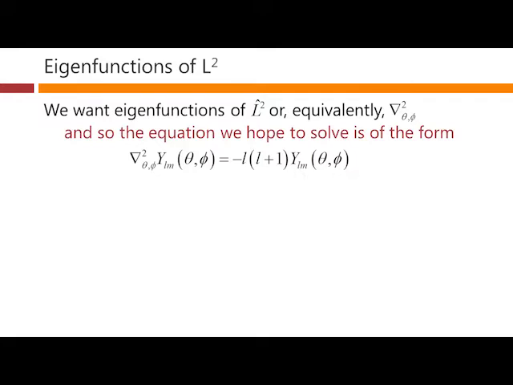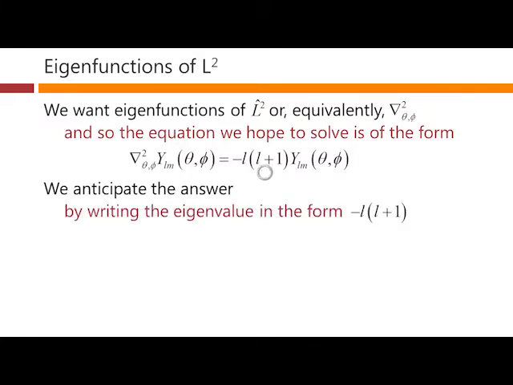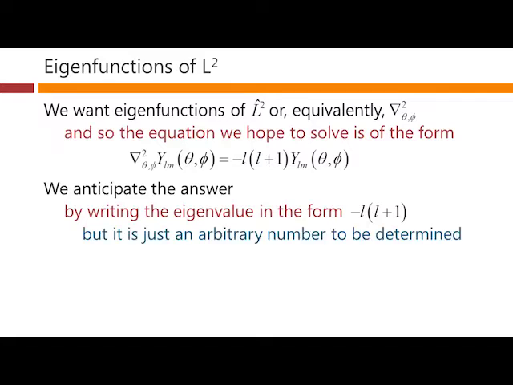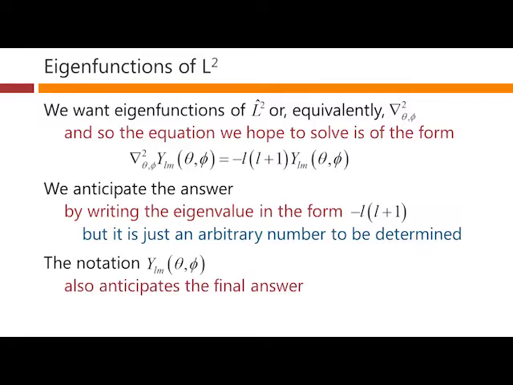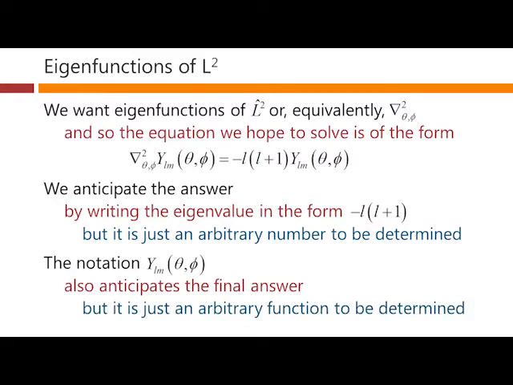Of course, in writing this down, I'm anticipating the answer, but at the moment, this L into L plus 1, with the minus sign in front of it, is just an arbitrary number. We've still got to determine it, and these functions also are just arbitrary functions that we've still got to determine. But this particular notation I've used here anticipates the final answer, which will be things called spherical harmonics. But at the moment, this is still just an arbitrary function to be determined.